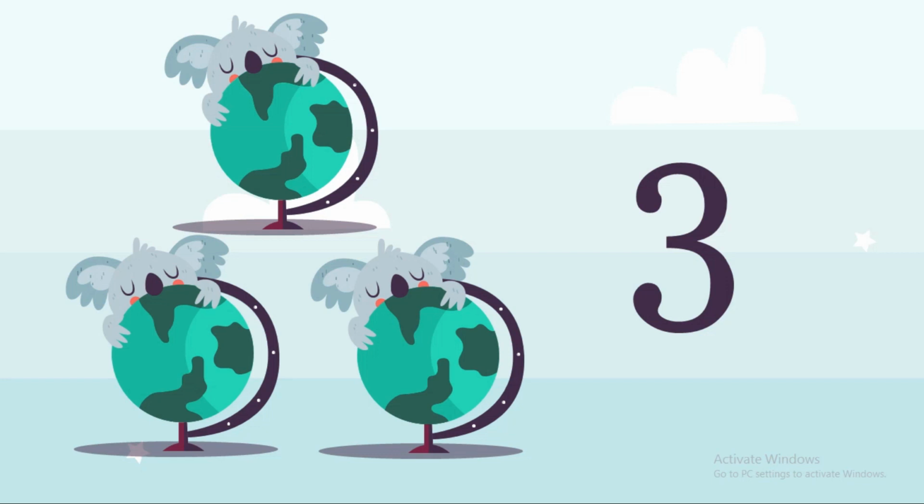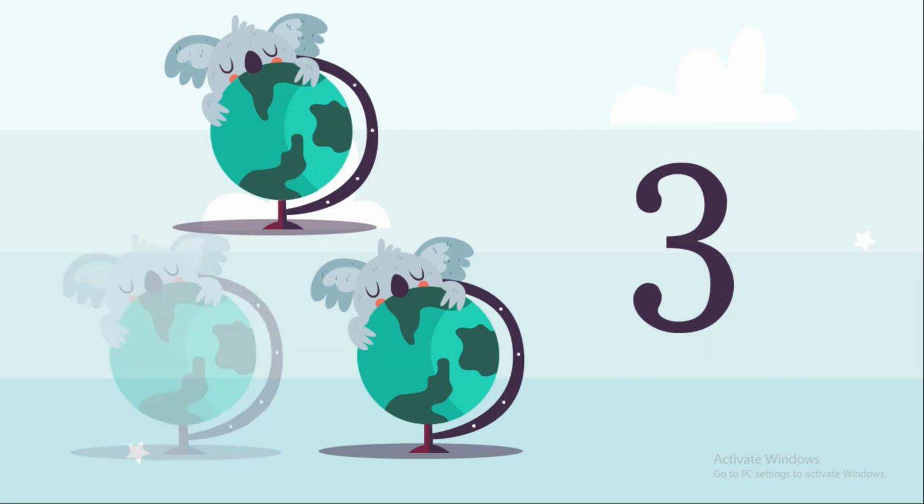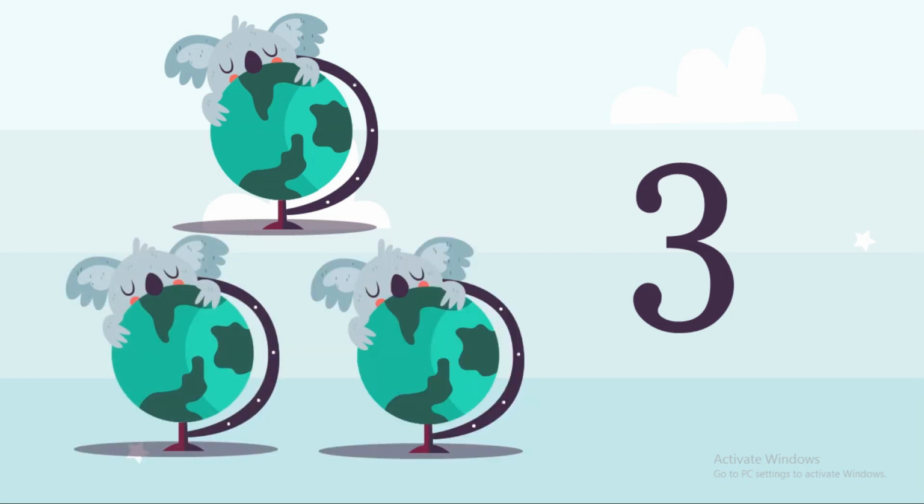Let's count how many objects are there on the screen. 1, 2, 3. There are 3 sleepy rats hiding behind the globe. The number is 3 and there are 3 globes and 3 sleepy rats.